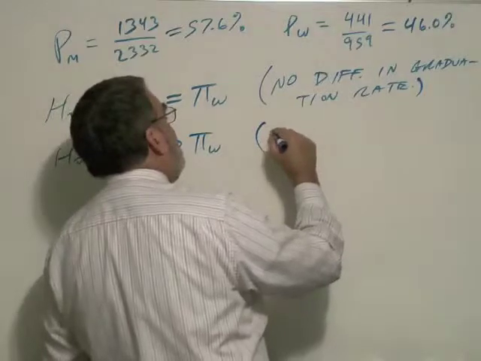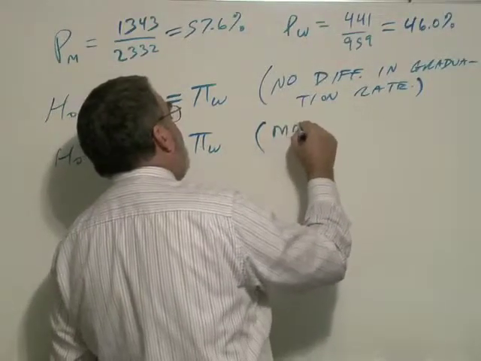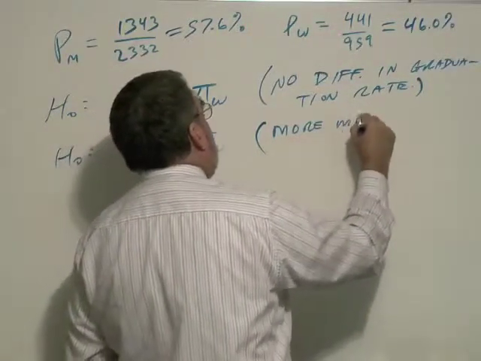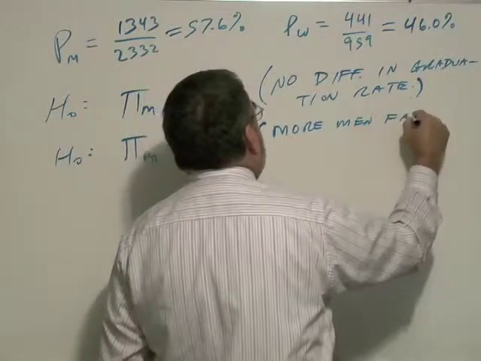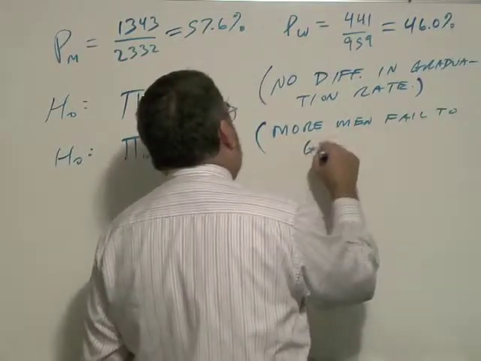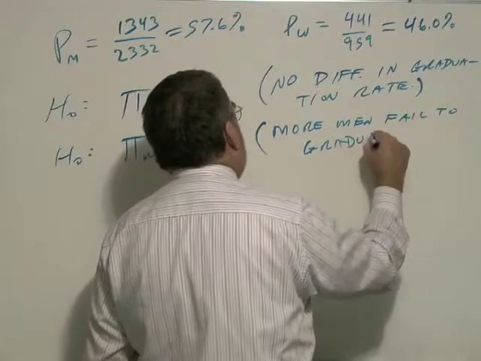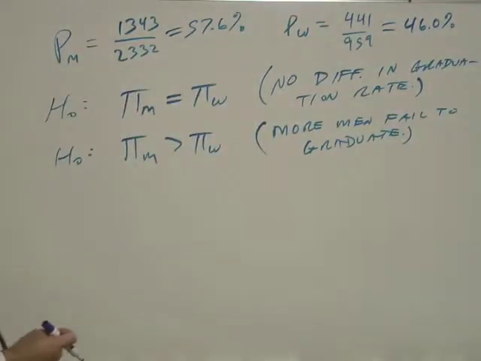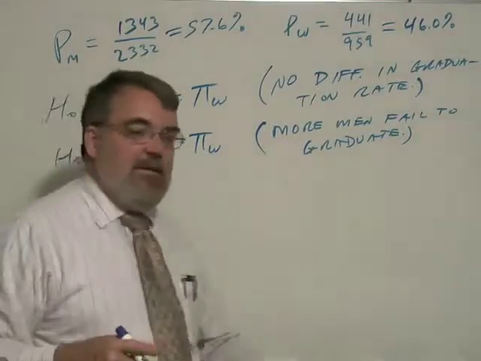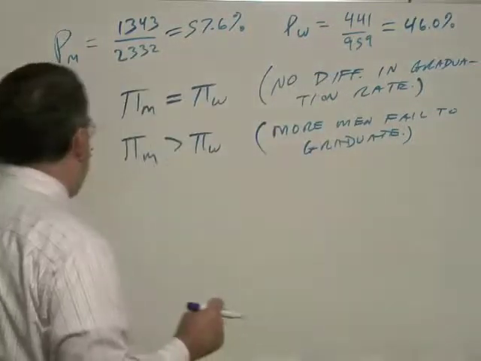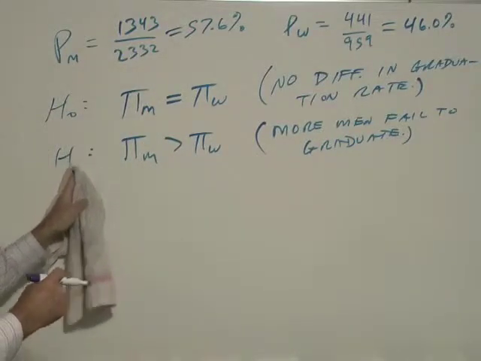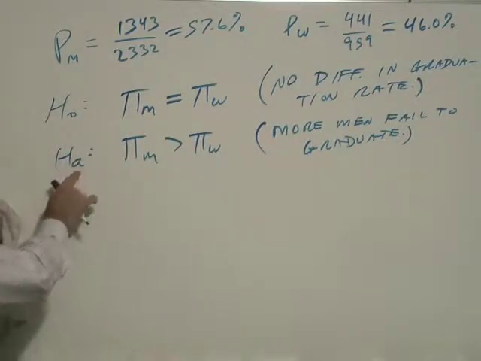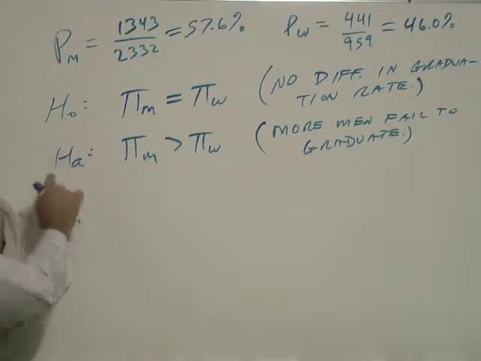So this would be more men fail to graduate than the women. Well, that's sort of the structure of our hypothesis test, and I see I goofed a little bit. I wrote H0 here, and this is the alternative hypothesis. That should be HA. H0, HA.